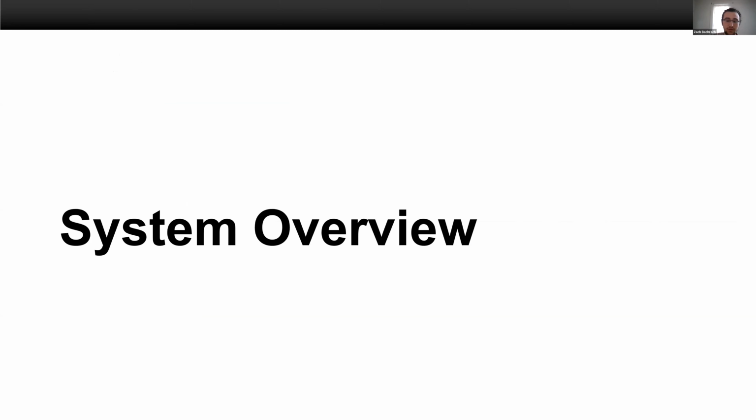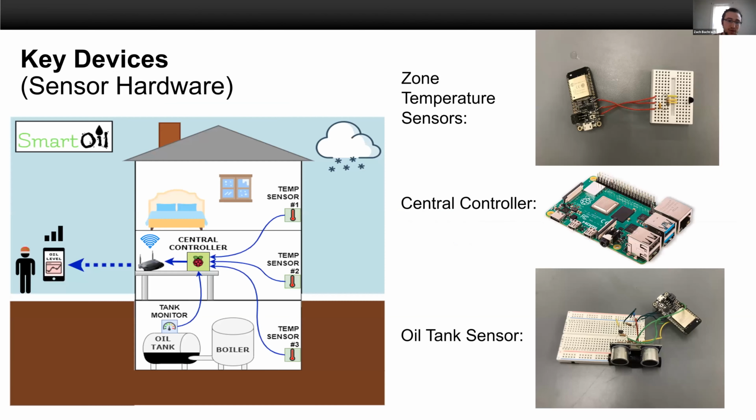So here's a system overview. On the left, you'll see the model of the system that we designed. And on the right side, you'll see the sensors that I can walk you through really quickly here. So on the top right, there are zone temperature sensors, and those go in each of the heating zones in the house.